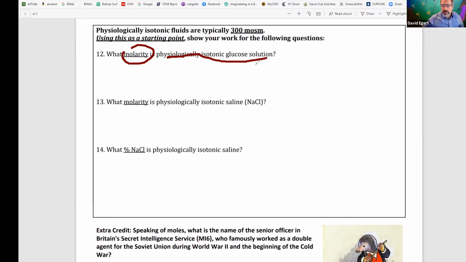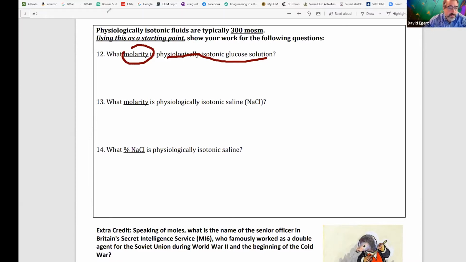A non-trivial number of people got 0 on this because they didn't even answer in molarity. They answered in osmolarity, which is not what I'm asking. The osmolarity is given. The answer needs to be in molarity of glucose. So when you're answering a question, make sure you read what the question is asking.